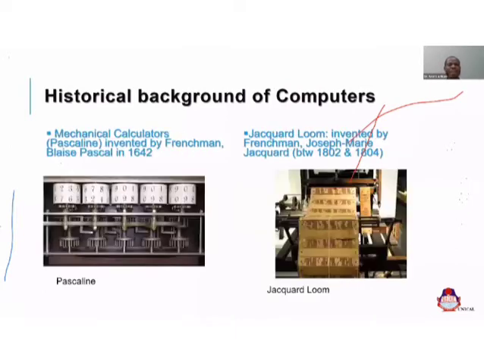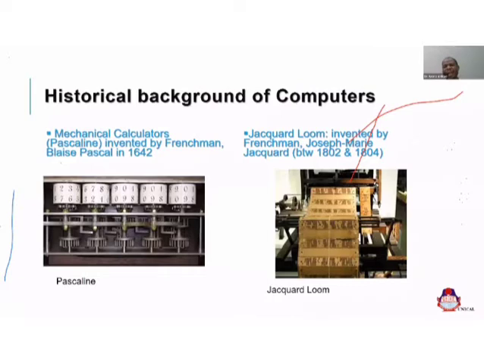Then we look at the mechanical calculators era. During this period, we have what they call simple mathematical calculators. The first mathematical calculator was developed by a Frenchman called Blaise Pascal in 1642. His machine is called the Pascaline, and it could only do addition and subtraction.